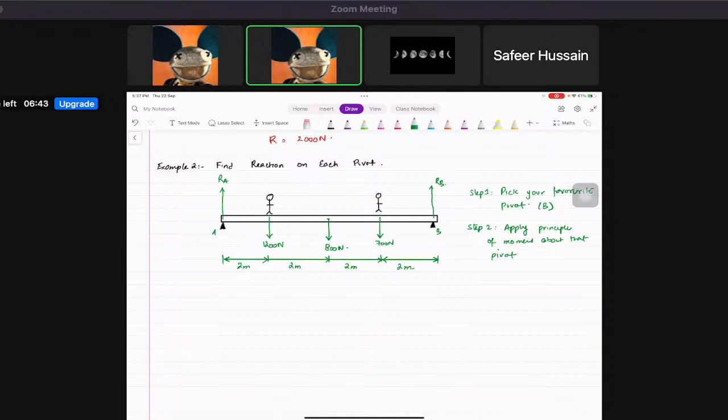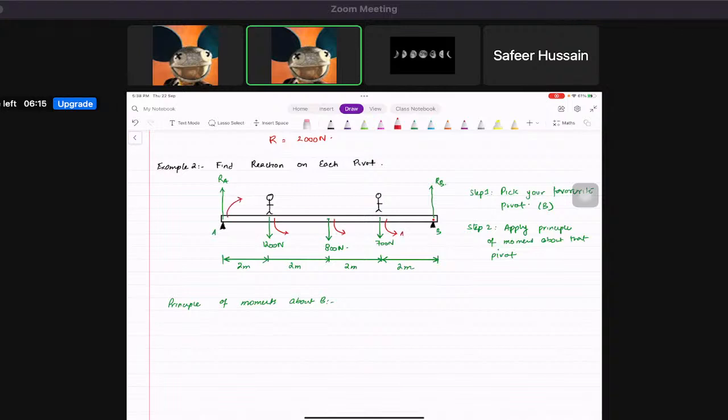So if we just look at B and ignore A, principle of moments about B, you'll see that this force basically tries to turn it this way about B, this force this way, this force this way, and that force this way.